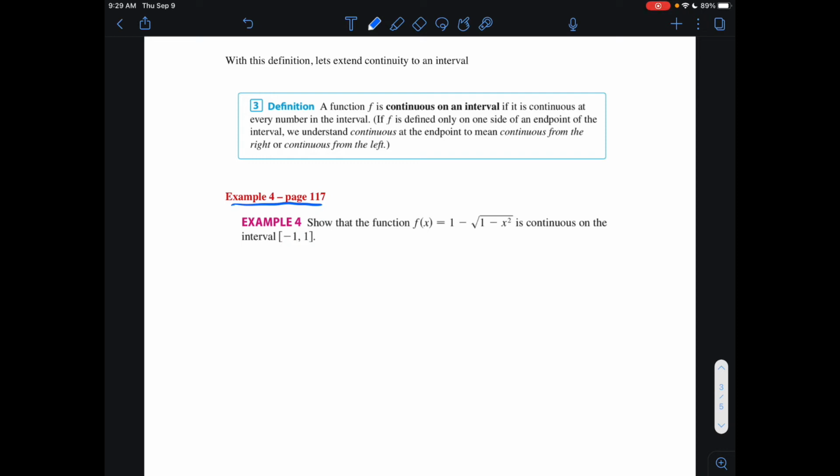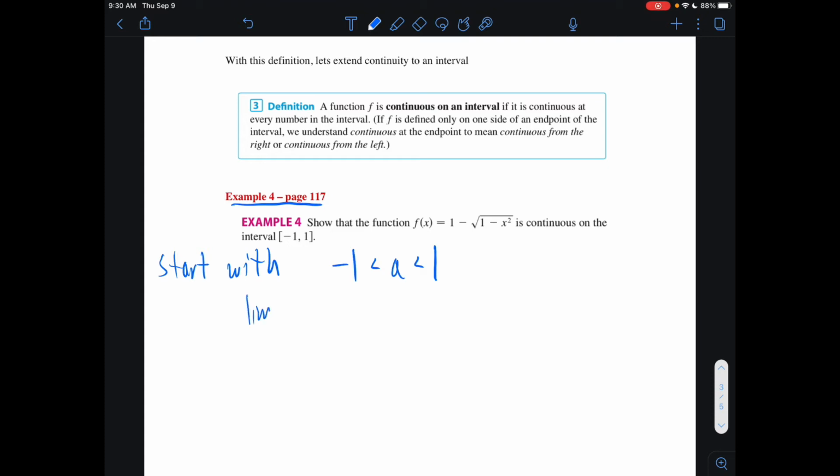First thing that we're going to start with, though, is we're just going to consider values of a that are strictly between the endpoints. This gives us essentially something that we would have used for the first definition that we saw in this section. We're just going to consider any a value between -1 and 1, and we're just going to use our definition.